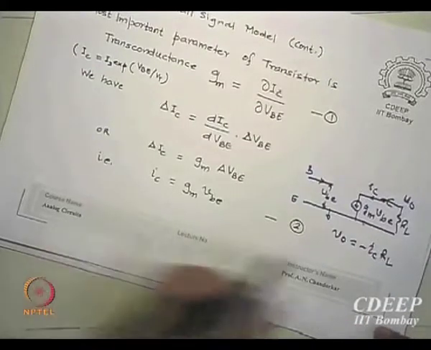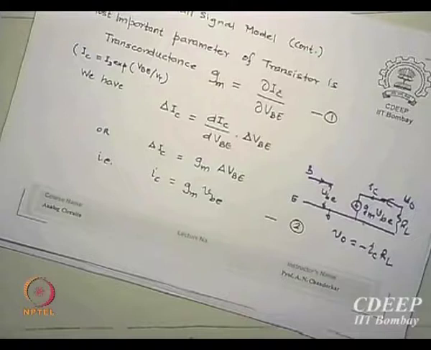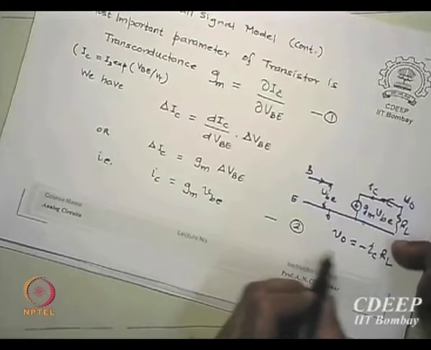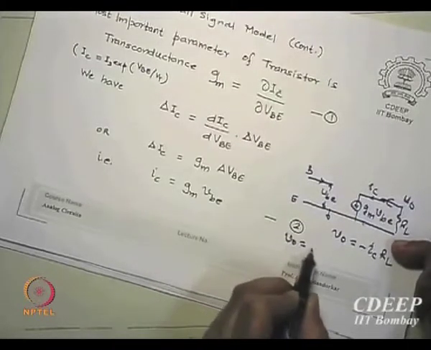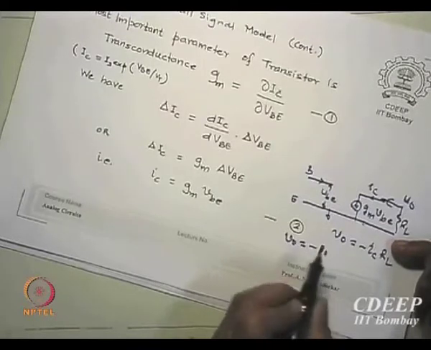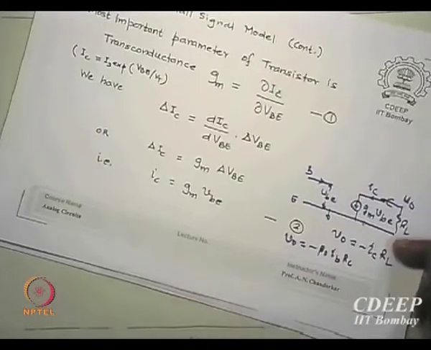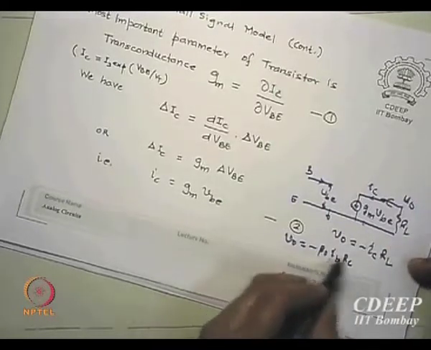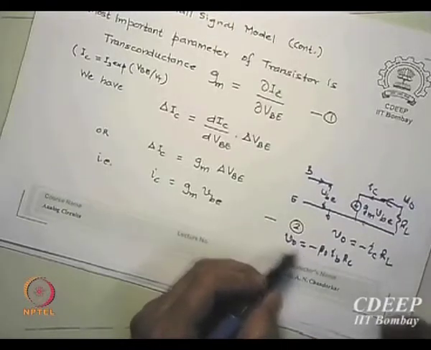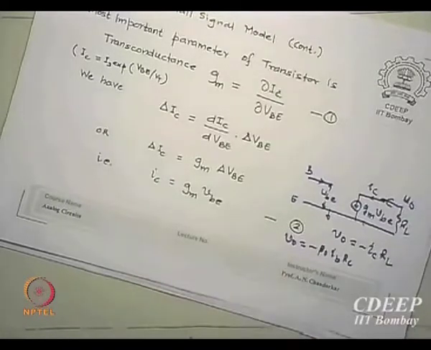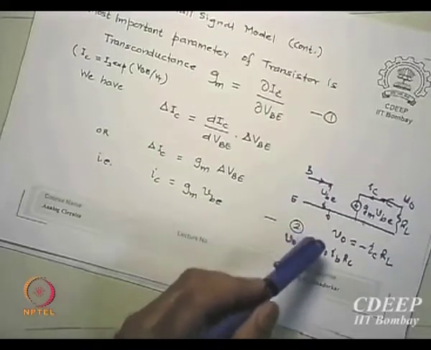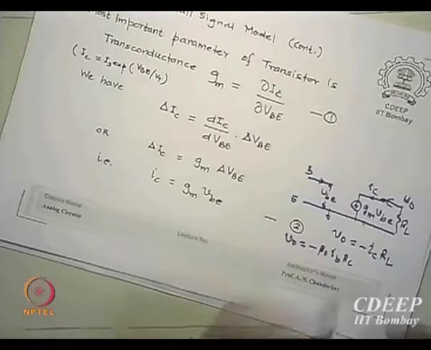But IC is proportional to IB through what term? IC and IB are related by what term? Beta. So I can write V0 is minus beta 0 IB times RL, okay, beta 0. Now what is VBE then? What is the input value you say?